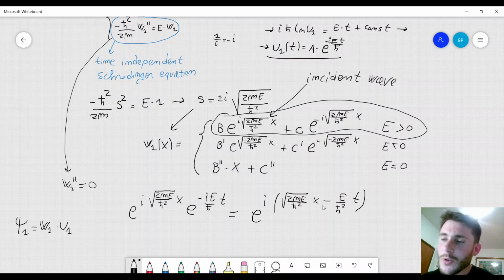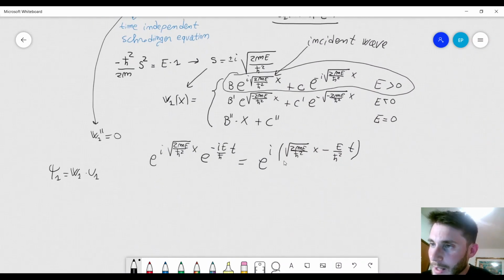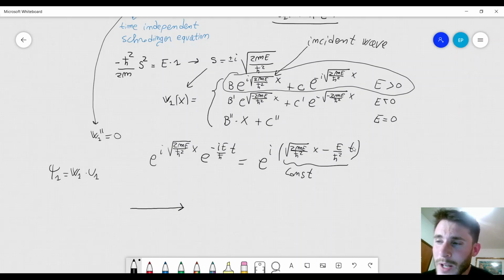So you can see that the wave here is propagating from the left to the right, because if you increase the variable time here, in order for this quantity to remain constant, we will have to increase x as well. So this is one way to see that, because we have to set that equal to a constant, because that's a point of the wave. Okay, so it represents the wave itself.